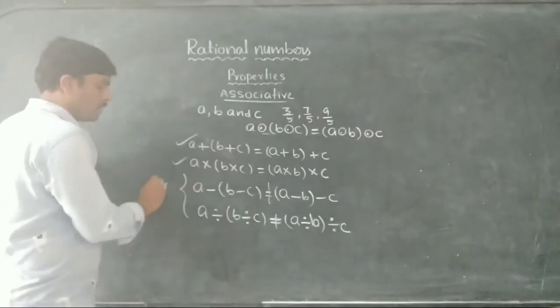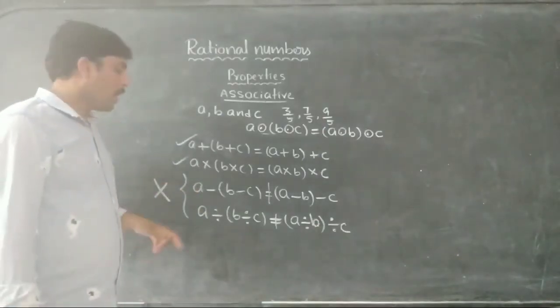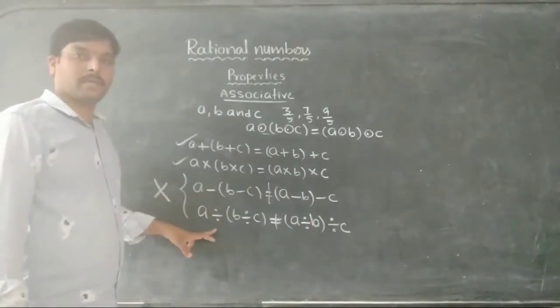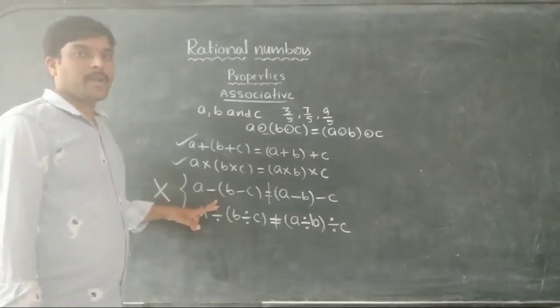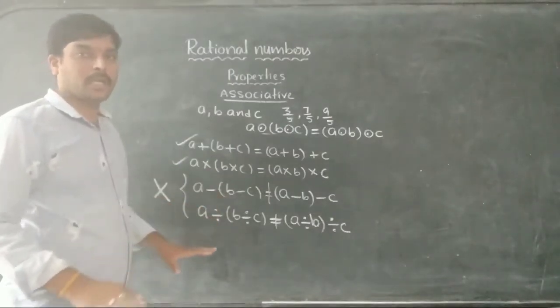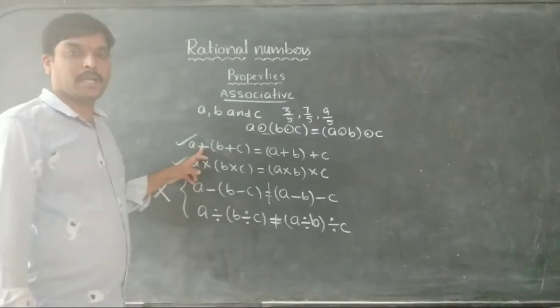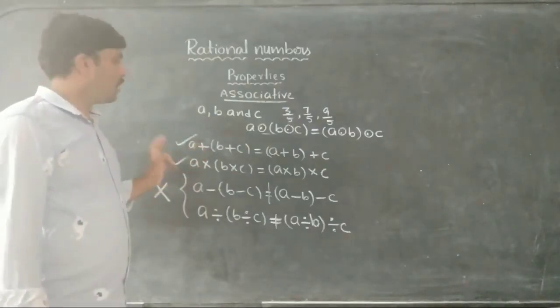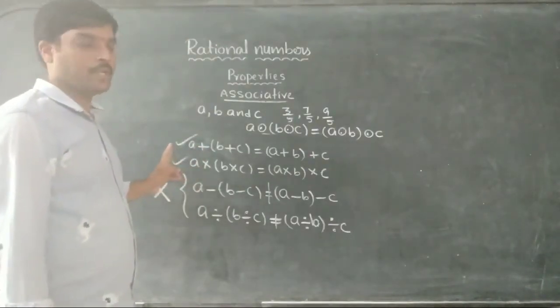These two are not associative. Rational numbers under subtraction and division are not associative. Under multiplication and addition only are they associative. This is the associative property.